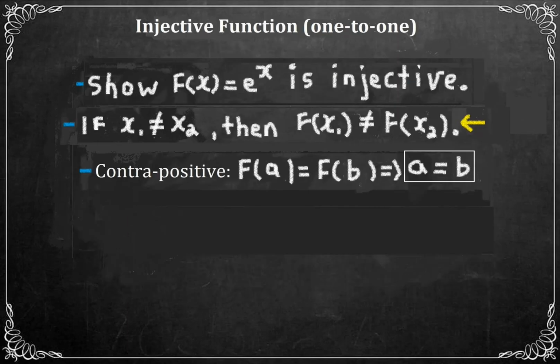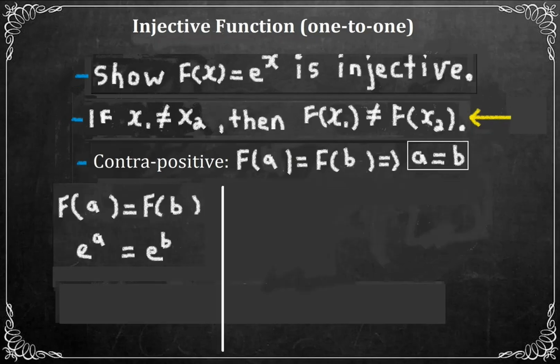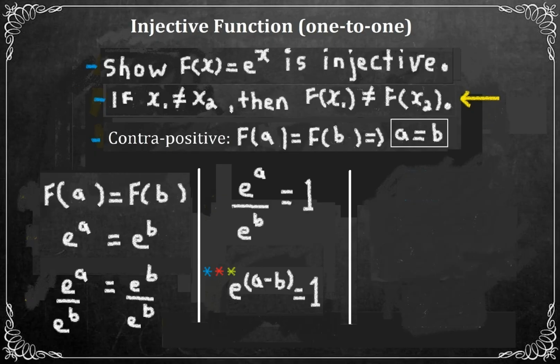Notice, we'll do exactly the same type of proof, going in the direction of the yellow arrow using the technique of contrapositive. In column 1, we've set up the proof the same way as before. We have e to the a equals e to the b. Then divide each side by e to the b.